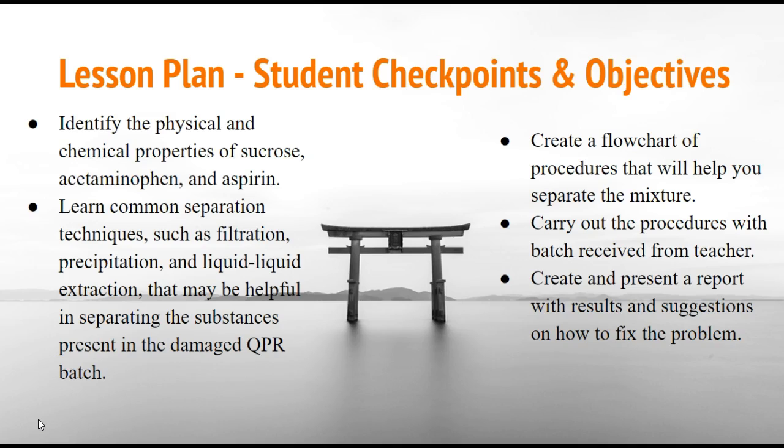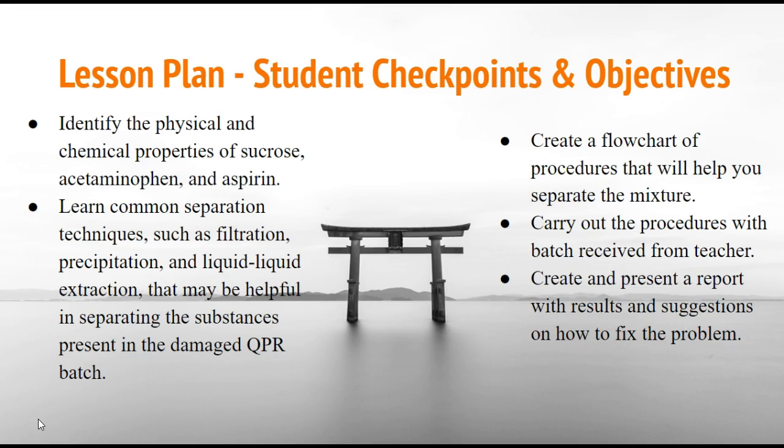So they'll need to identify physical and chemical properties of sucrose, acetaminophen, and aspirin. They need to learn common separation techniques for mixtures that may be helpful in separating the substances present in the damaged QPR batch. Then they combine those things to create a flow chart of procedures that will help them separate the mixture.